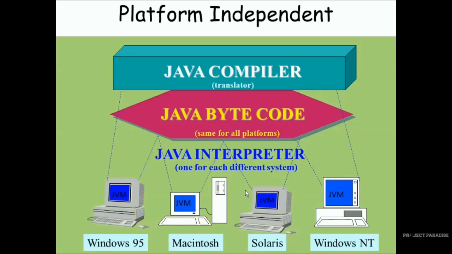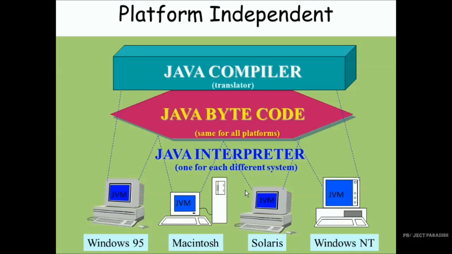So we give this bytecode to the JVM. JVM is nothing but the Java virtual machine. For the first case, let us consider this as a converter which converts our bytecode to machine code.